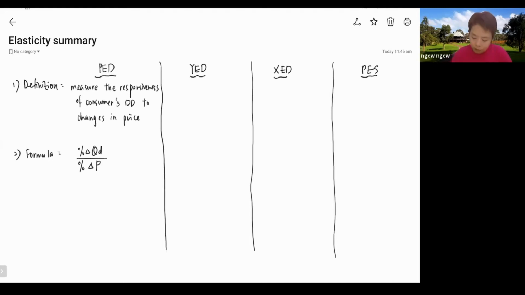Now, if you look at YED, the change is here, income. Therefore, in terms of the definition, it is basically the same. It measures the responsiveness of consumers' demand to changes in income.